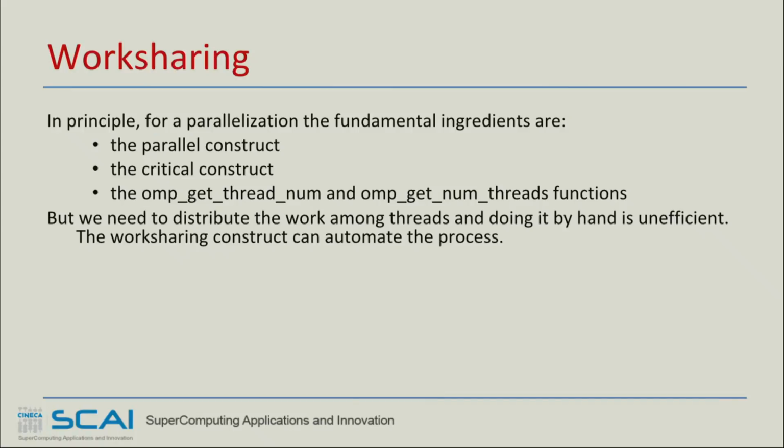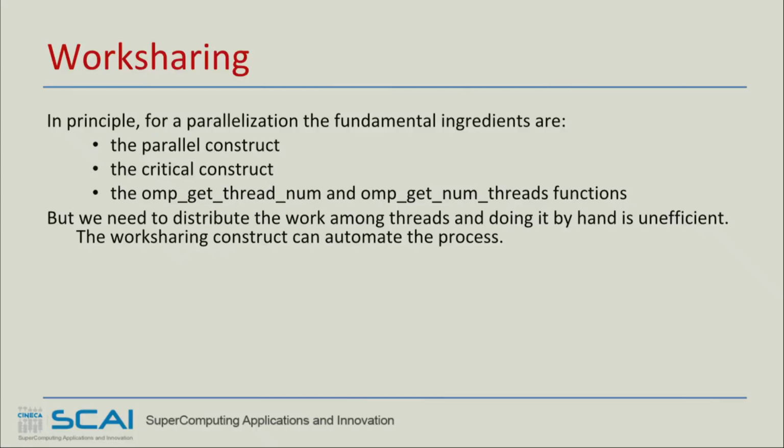In general, in order to make a parallelization, what I need is the parallel construct, the critical construct, and maybe I would like to get the identifier of the thread and the total number of threads.